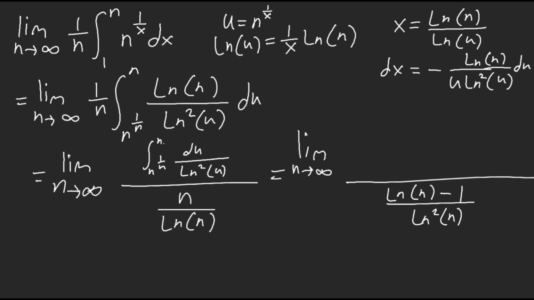But here, like I said, we have 1 over ln squared of n. Then minus, and then we have this here, which is ln of n over 1 over n.